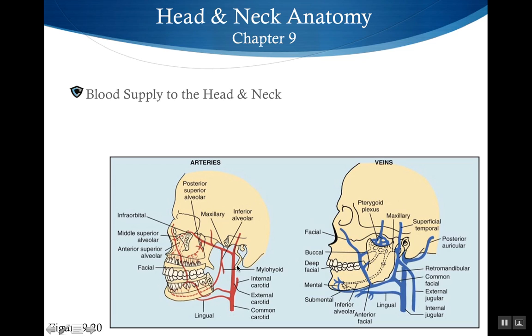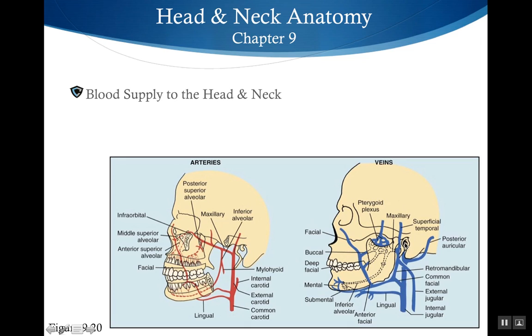Okay, and then you can see several other branches. The maxillary artery has three branches: the inferior alveolar, the pterygoid, and the pterygopalatine, which we can't really see labeled in this figure.